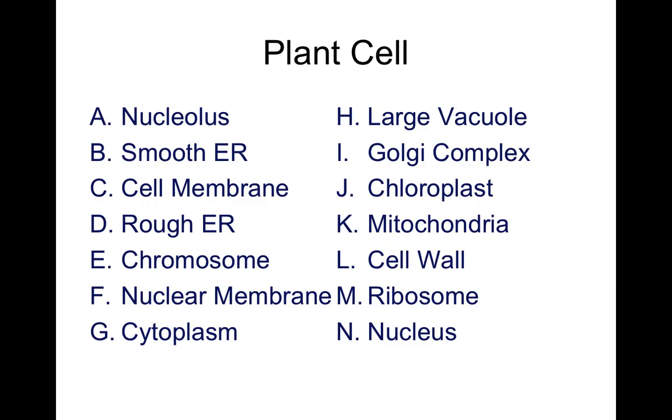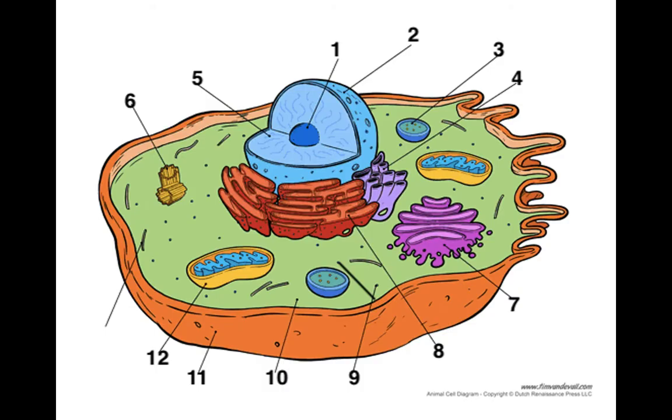Again, there's the answers. You can pause here in case you need to check yours. And then lastly, here's this. Same type of thing as on the other one. I could give you this image and ask you about the differences, kind of going back to day one stuff, and I could just say, hey, which organelles does this cell have that a plant cell doesn't have?